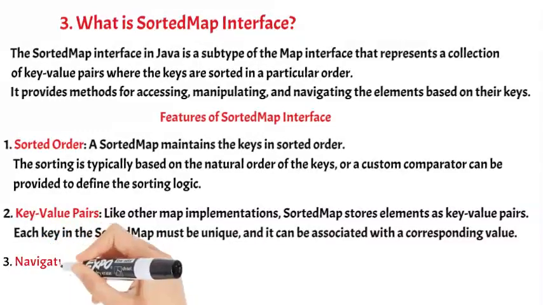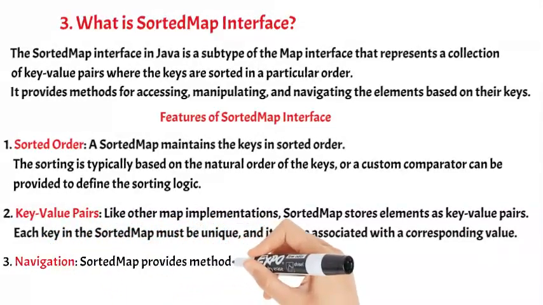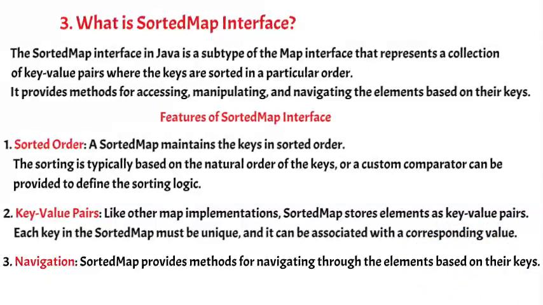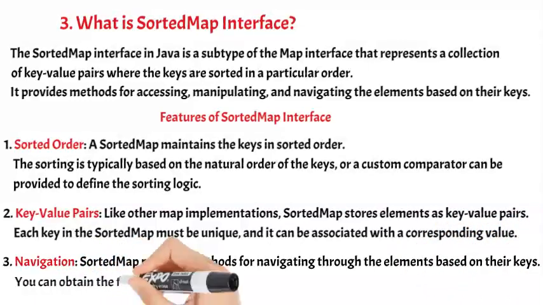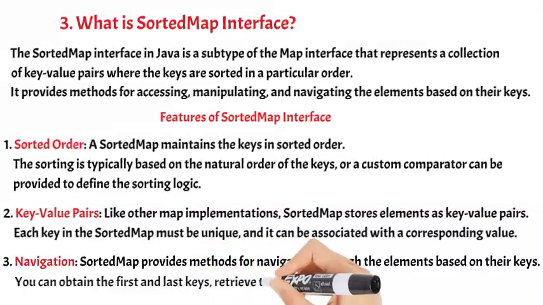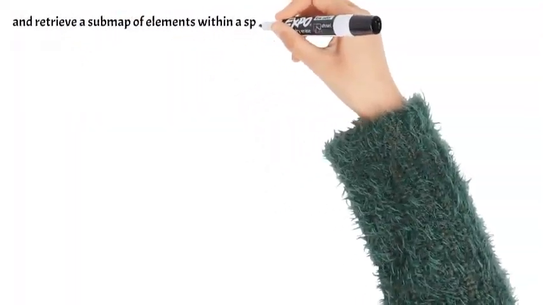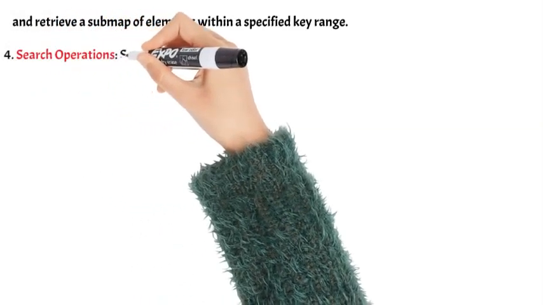3. Navigation. SortedMap provides methods for navigating through the elements based on their keys. You can obtain the first and last keys, retrieve the next or previous key relative to a given key, and retrieve a submap of elements within a specified key range. 4. Search operations.